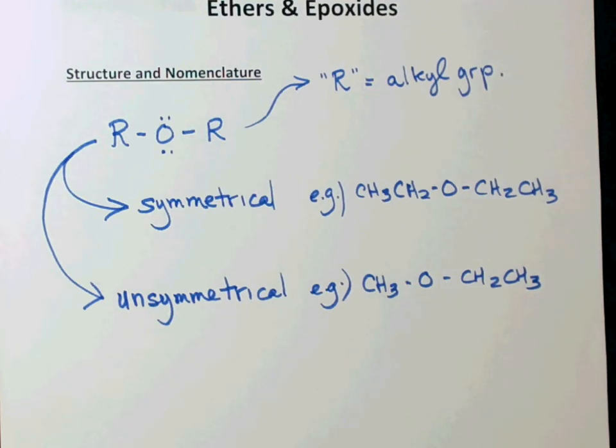In terms of nomenclature, ethers are pretty simple. There are a couple of ways in which you can name an ether. I'm just going to share the one that I use, which I believe is probably the easiest way.